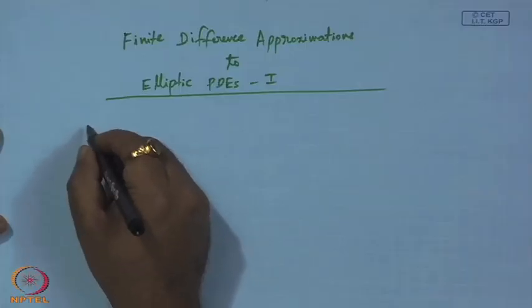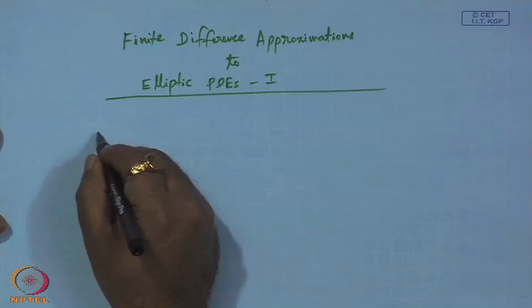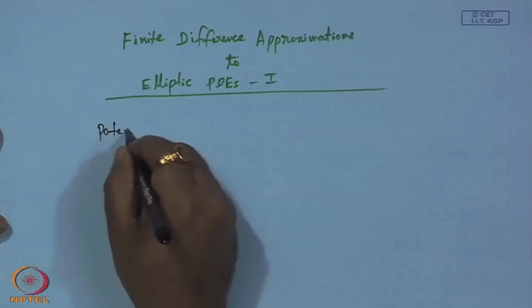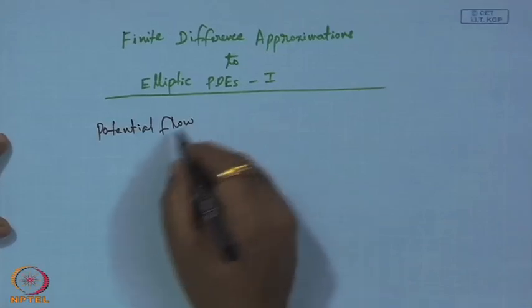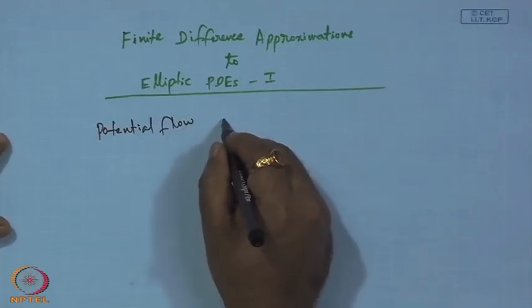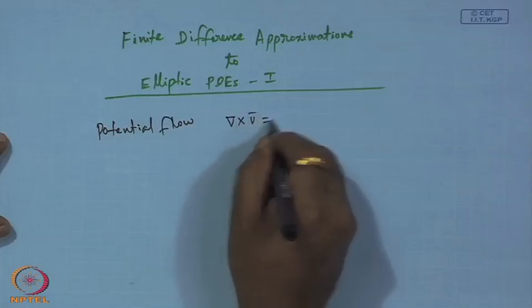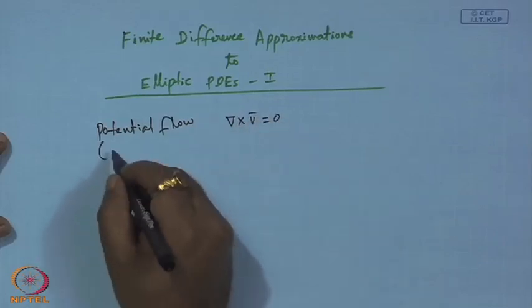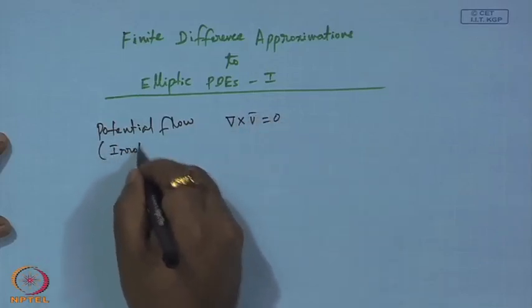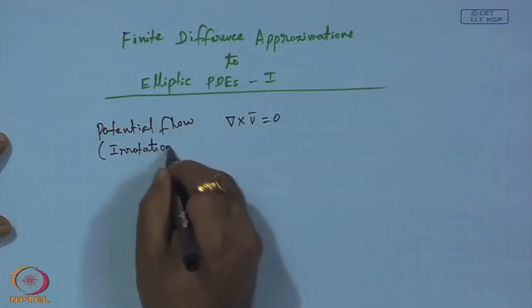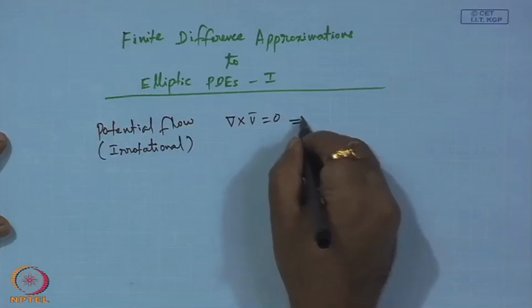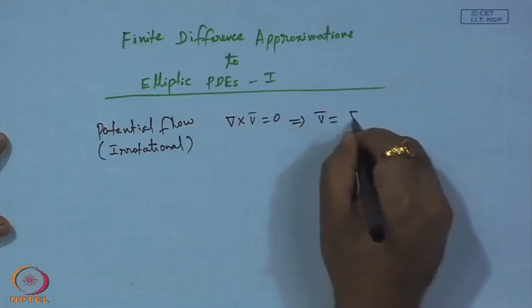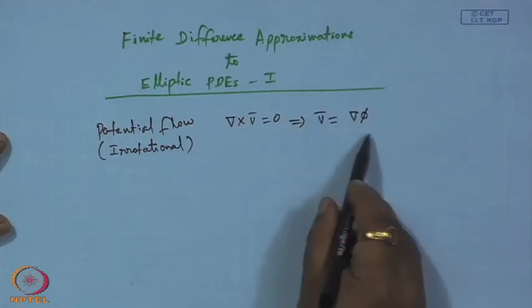As I mentioned, for example, consider potential flow, where the velocity satisfies irrotational. Of course, there are some differences, but more or less, from a general point of view, if curl is 0 the velocity can be written as the gradient of a scalar.